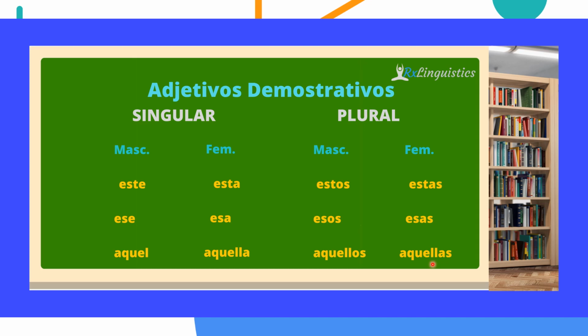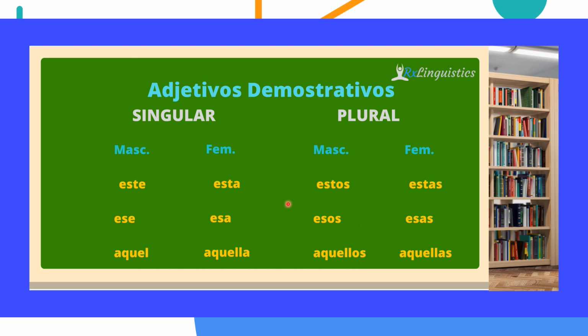So there are three locational concepts. And what demonstrative adjectives do is enable the speaker to speak about things or people near them, not so near them, or away from them.